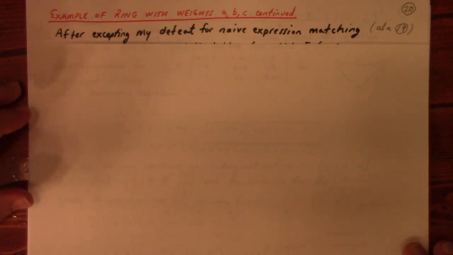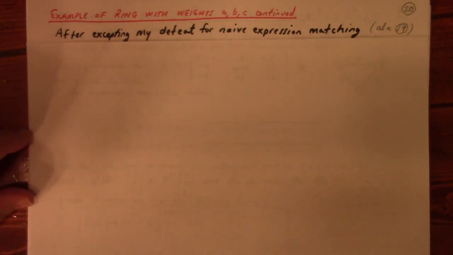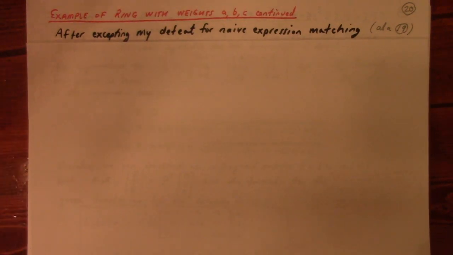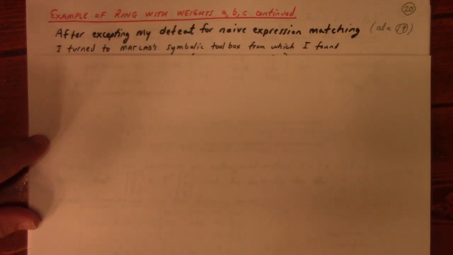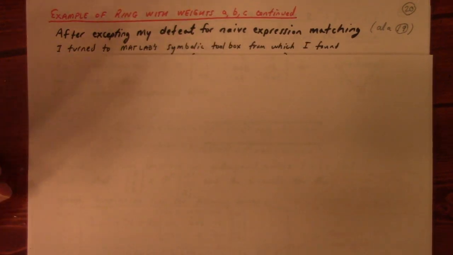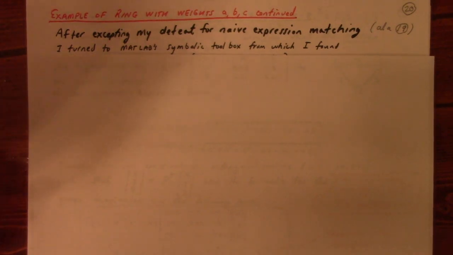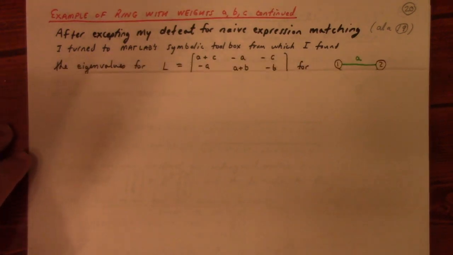Well, so I suffered. This troubled me greatly. Finally, I wrapped my mind around it, and I realized that my defeat, my naivete, was trying to just expression match. Just because something's a weighted sum of squares doesn't mean it has to match the eigen weighted sum of squares, all right? And so let me try to unwrap what's going on here.